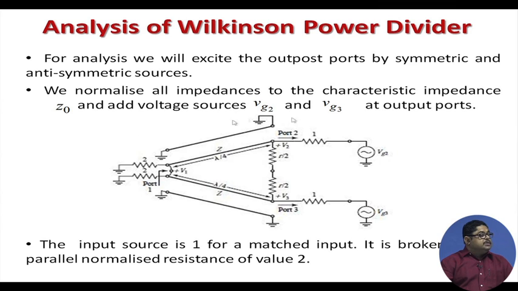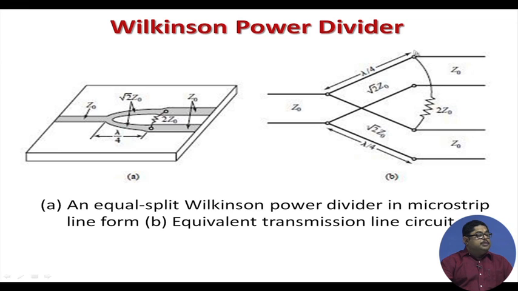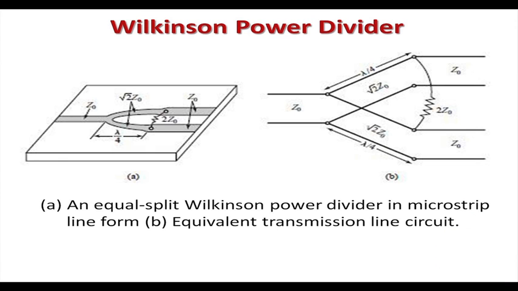So, the analysis part we have given. Actually, here you see, because of the presence of this resistance, there is a coupling between 2 and 3. That means the two ports where the power is getting divided are mutually coupled by this resistance. That analysis is difficult, but one way by which we tackle that difficulty is to break it into eigenmodes.